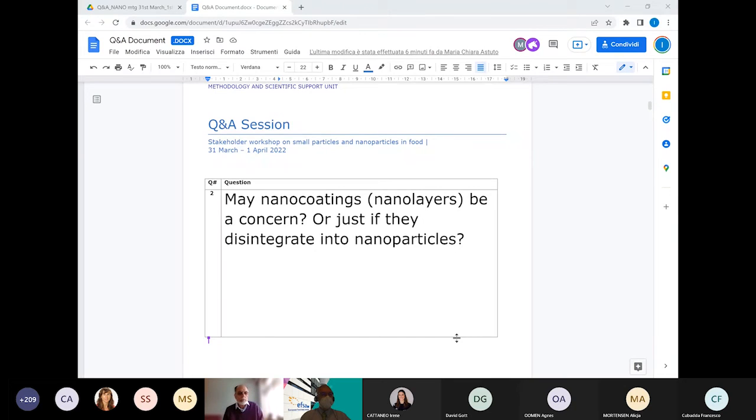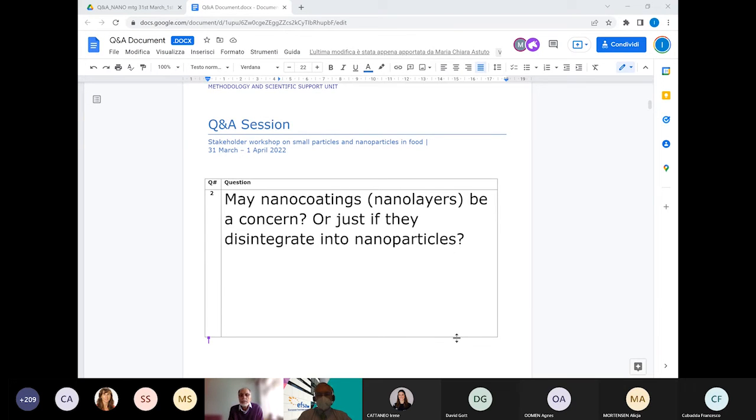I think the question of nano coatings, nano layers, or whatever modification has been done on a nanoparticle surface comes again and again. And sometimes the argument is that nano coatings are in such small quantity compared to the weight of nanomaterial that it does not matter. But the main thing to remember here is that anything that is part of a nanostructure should be not only safe in itself, every component.